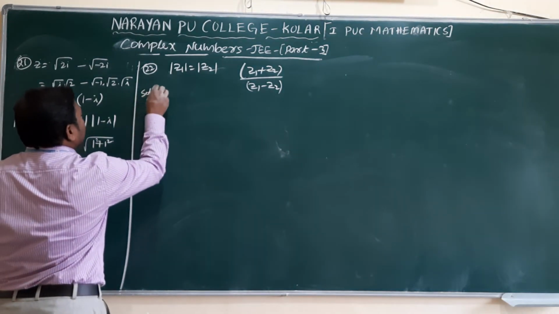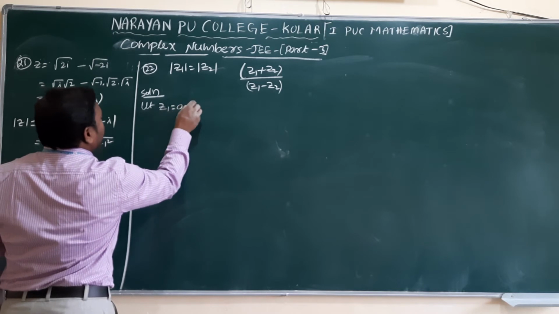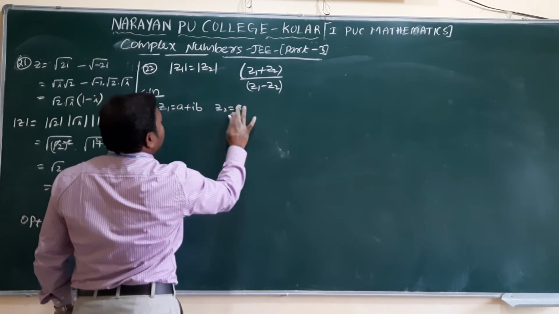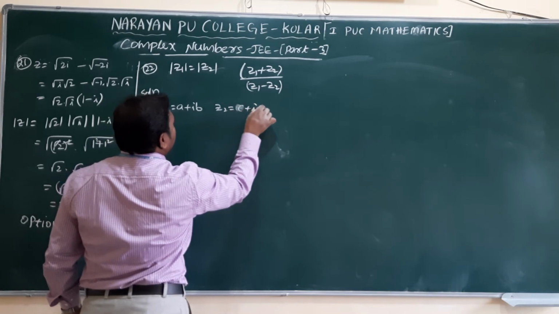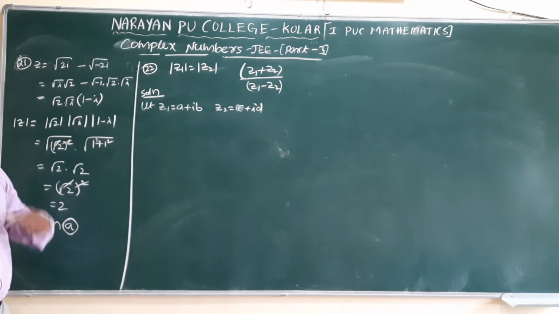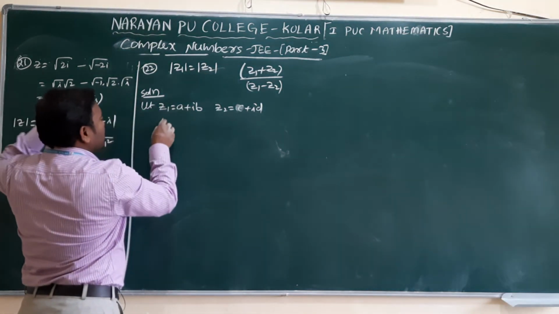Solution: let z1 is equal to a plus ib, z2 is equal to c plus id. Here modulus of z1 is equal to modulus of z2, given the condition.